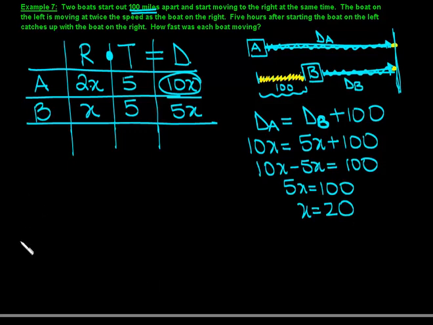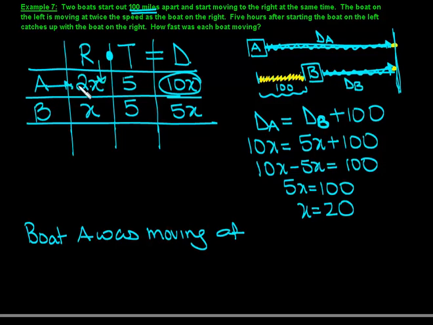So we can say that the question was, how fast was each boat going? Boat A was moving at, here's the rate of boat A. Do you guys see that? It'll be 2 times x.